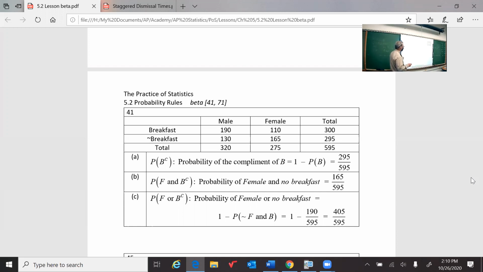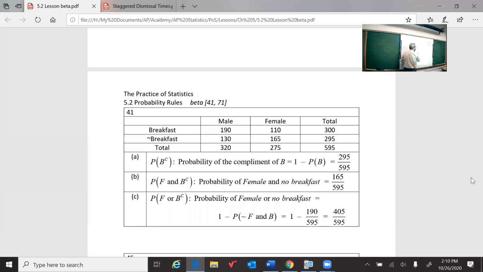F and not breakfast. Female and not breakfast intersects at 165 over 595. Female or not breakfast. So if you're female or not breakfast, you could add up these three, female or a male not breakfast.